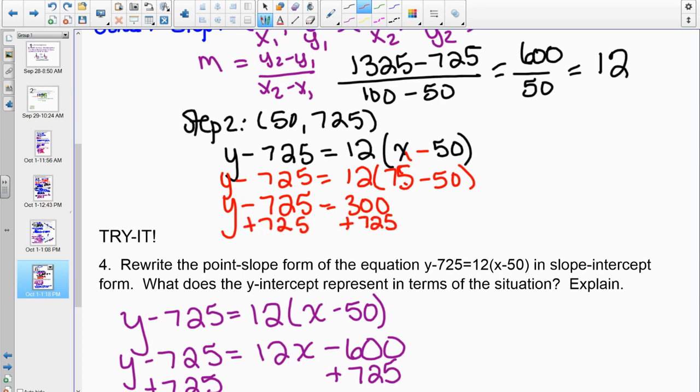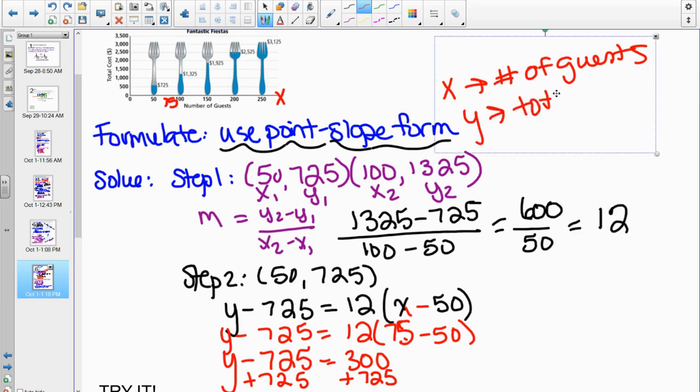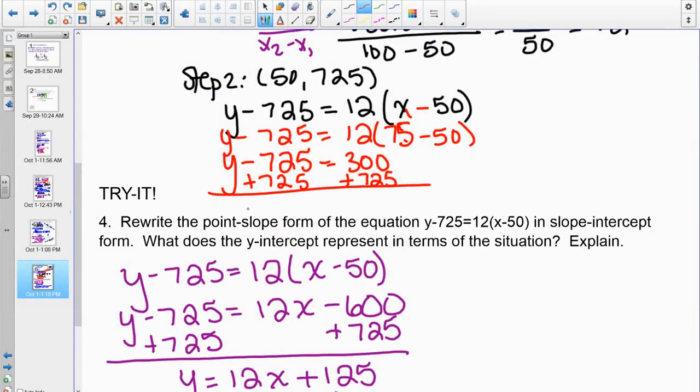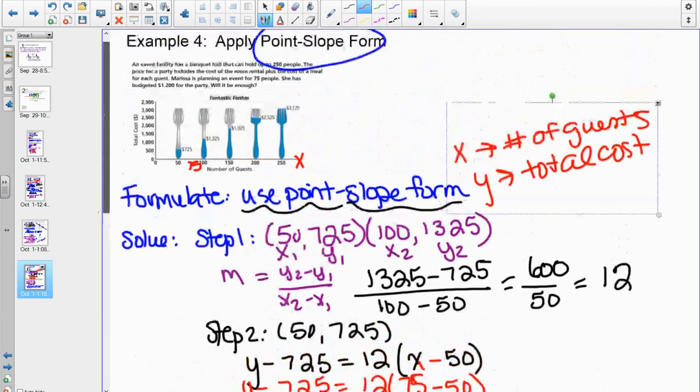X, remember, is the number of guests, and y is the total cost, and that's what we're looking for. We were wondering if we have these 75 guests, does Marissa have enough saved up? So y, which is the total cost, equals 1,025.